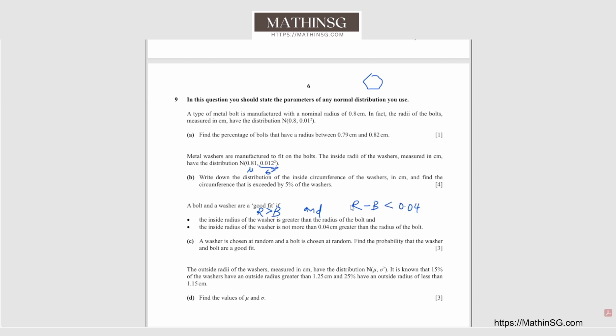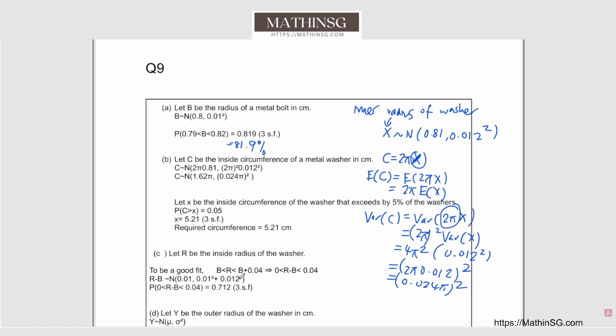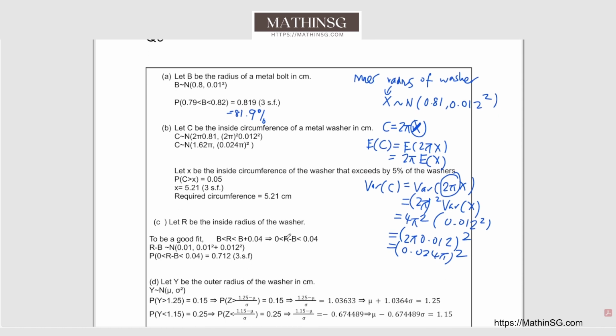So if you look at these, it is basically R is greater than B, or R minus B is greater than 0, right? So in other words, we are looking for the probability of R minus B being between 0 and 0.04. Because we want to find this, the first thing we need to do is to define the distribution for R minus B. So to find the distribution, we need to find the expected value of R minus B, and it's equal to E[R] minus E[B].